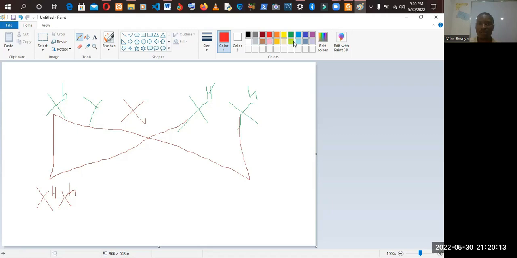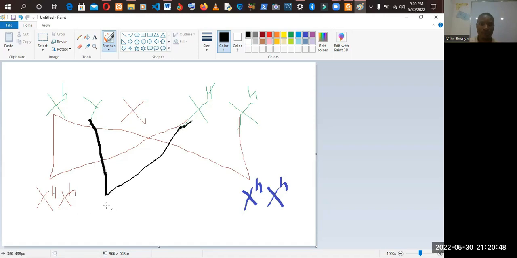So this is going to be X, and then small h, then also small h, and then this one is going to map with this one.